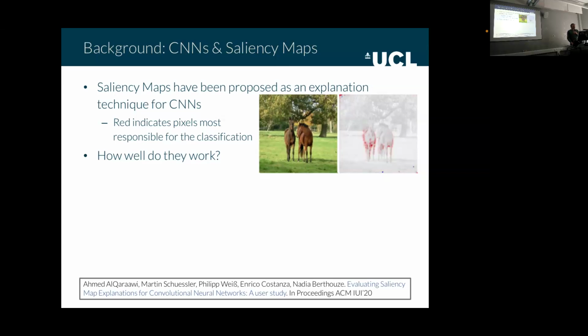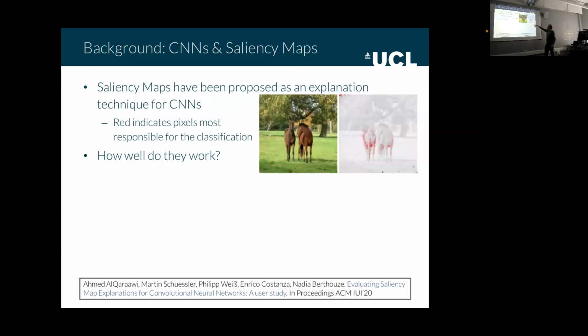One popular way to display this explanation is through so-called saliency maps or heat maps. There is an example on the slide. On the left, you see an input picture, and on the right, you see a heat map. The pixels in red are, well, again, it's red on my screen. You can barely see it here, sorry about that.